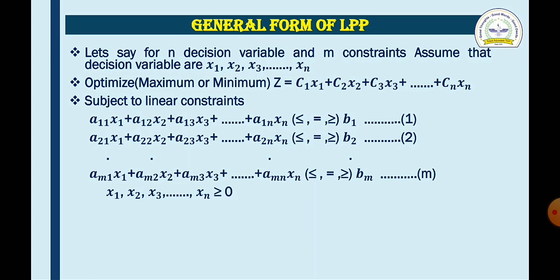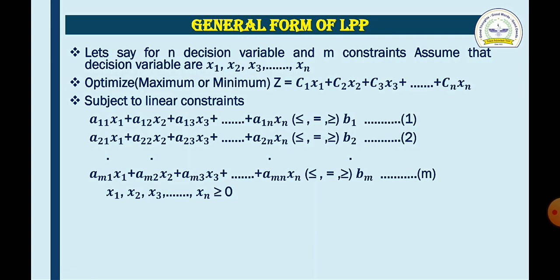linear constraints, that is a11x1 plus a12x2 and so on up to a1nxn, and in brackets I write the types of constraint that are possible. The constraint may be of the less than or equals type, the equals type, or the greater than or equals type, and b1, b2 and so on up to bm are the right hand side constants.